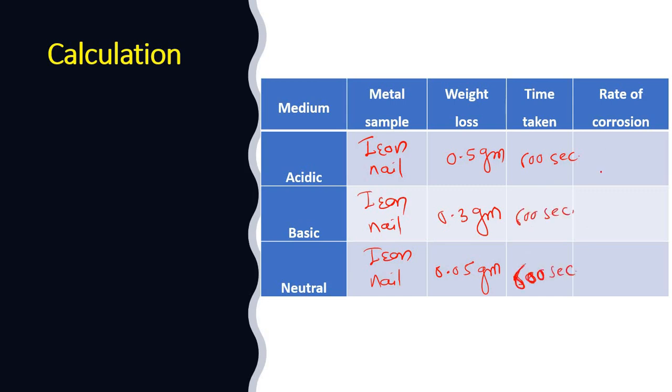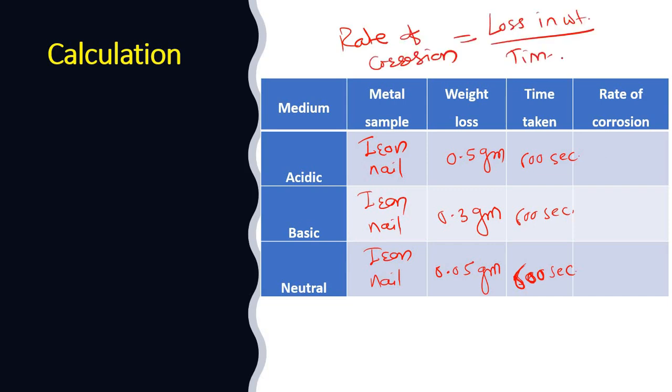Okay, then what is the rate of corrosion? As we know the formula, rate of corrosion is equal to loss in weight divided by time taken. On the basis of this, you can calculate the rate of corrosion. For acidic medium, it is 0.0008 gram per second. Then for basic, 0.0005 gram per second.